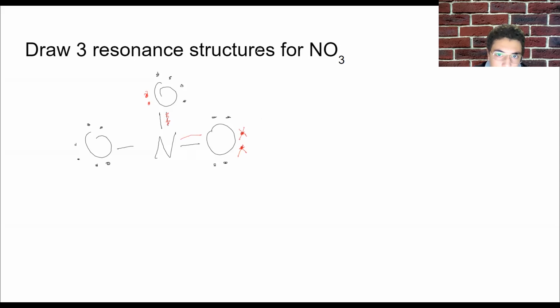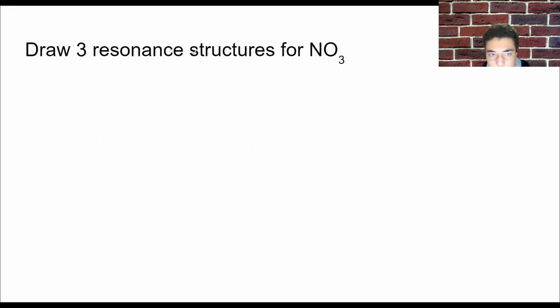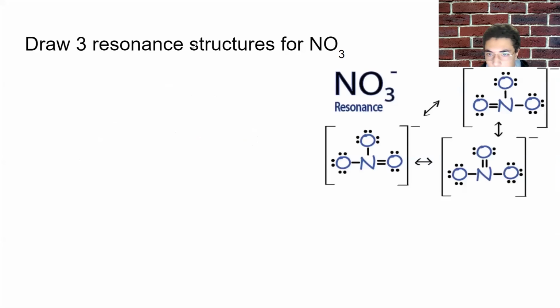To do the third one, we will remove this double bond and put it here, and remove 2 electrons from here and add them here. Now this is how we draw the 3 resonance structures.